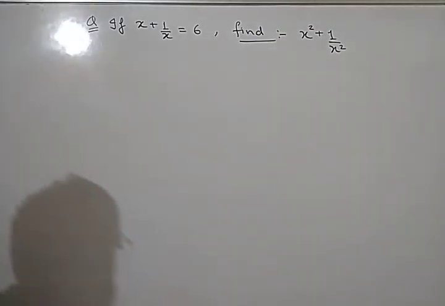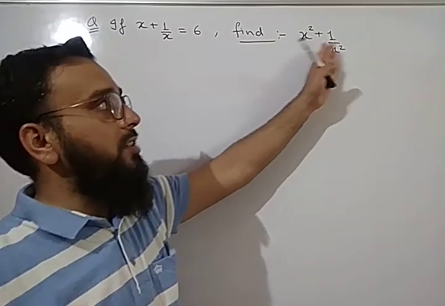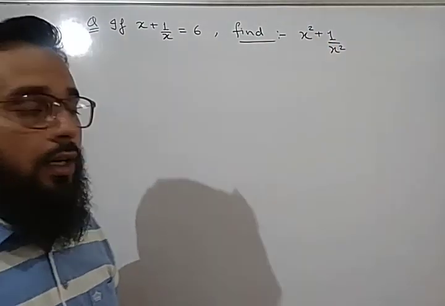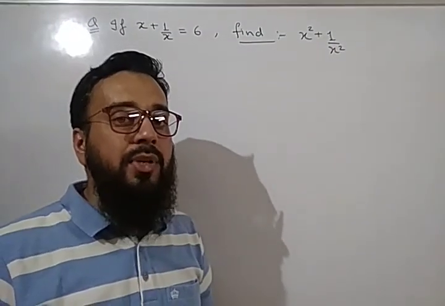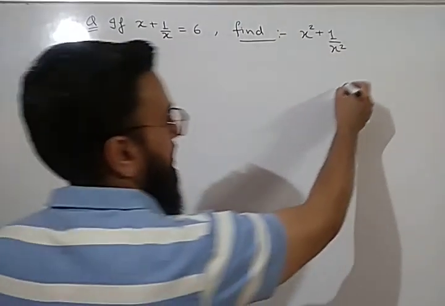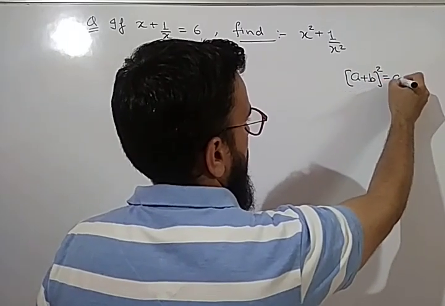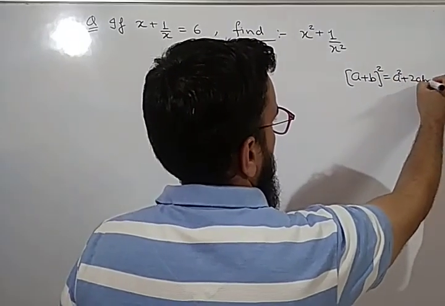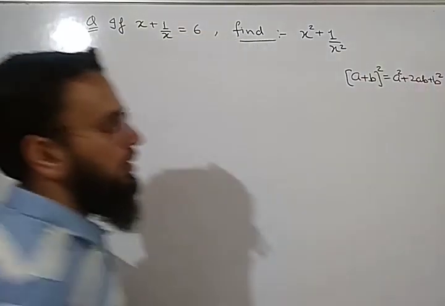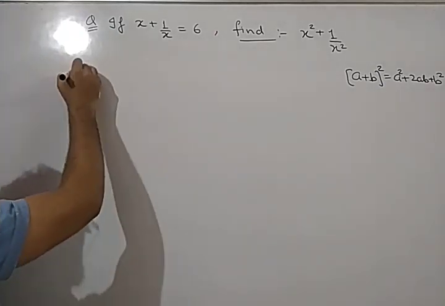You are given x plus 1 upon x is equal to 6, and we have to find x square plus 1 upon x square. Now we know the identity of a plus b whole square, that is, a plus b whole square is equal to a square plus 2ab plus b square. Now we are given x plus 1 upon x.